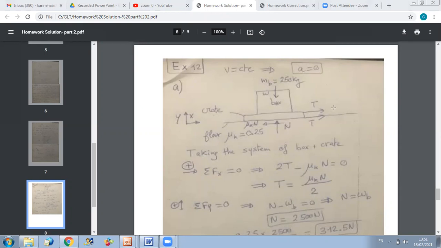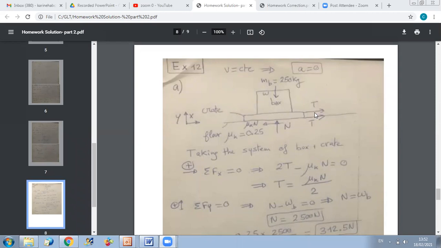Okay, so the first question was, what do we want to do? We want to find the work done by the horses. So to know the work, you know that work is force times distance. Okay, we know the distance traveled, so we need to determine the value of the force. So we need to find the value of t.